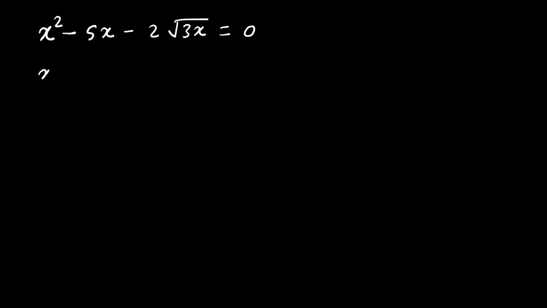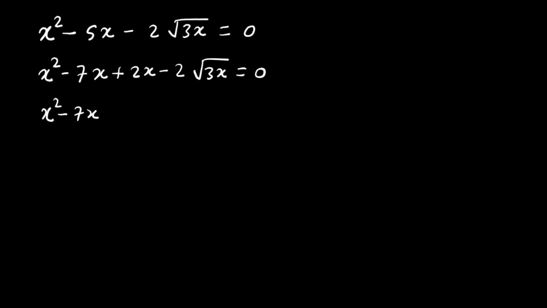Here x square minus 5x is the same as x square minus 7 times x plus 2 times x minus 2 times square root of 3 times x, this is equal to 0. Here, look carefully at this expression. If we take common 2, then x minus square root of 3 times x, and this is equal to 0.